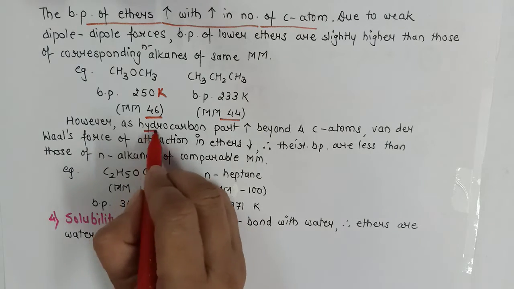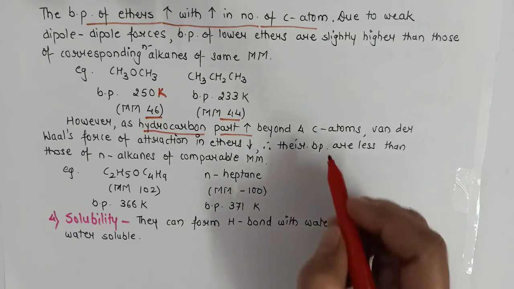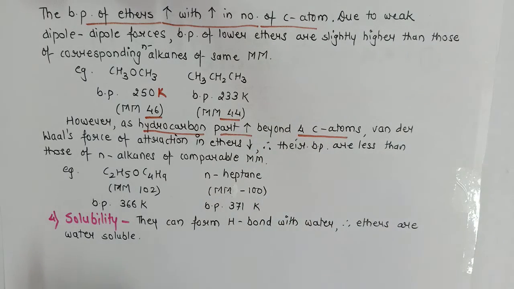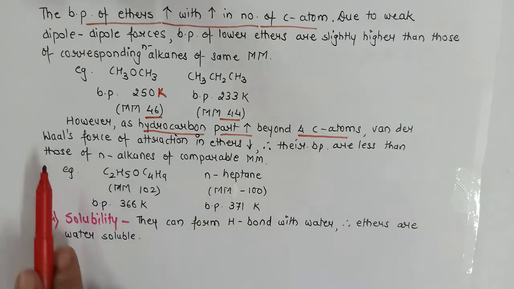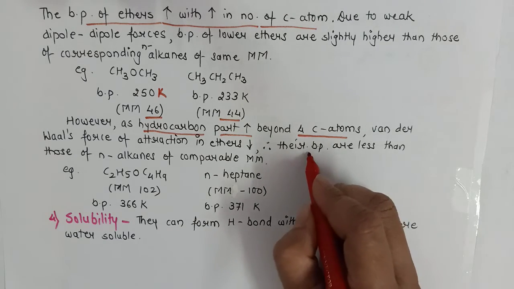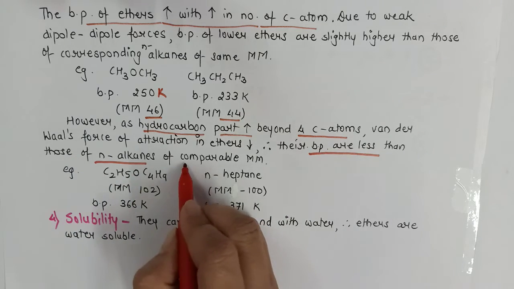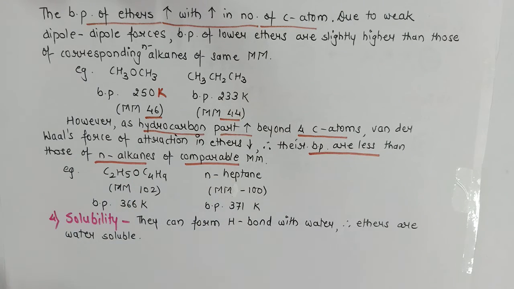However, as the hydrocarbon part increases, that is, if the alkyl group goes beyond 4 carbon atoms, the van der Waals forces of attraction in ether becomes much more weak, and therefore it is easy to break down the intermolecular force of attraction. As a result, their boiling point are less than those of N-alkanes of comparable molecular mass.